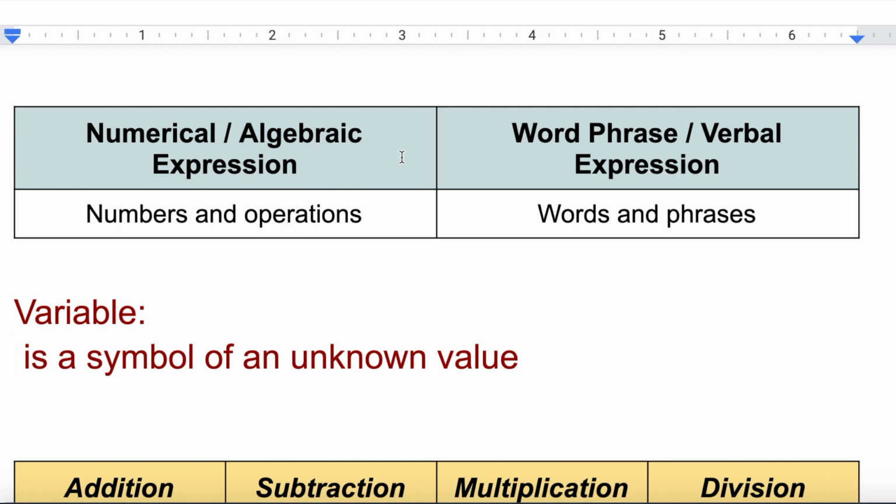When I talk about word phrases or verbal expressions, that means words or phrases like 3 more than double a number. So it's like English. So when it's about English writing and mathematics writing, the difference between them is one is pure math and one is pure English.